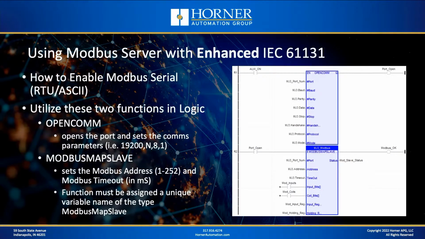So this is a function block that's unique to Enhanced IEC, and this is where we again allow our Modbus address to be assigned as well as our timeout, but it's also where we specify the 4 different arrays that we've created for input bits, coils, input registers, and holding registers. That's where those are specified, in addition to, of course, providing a place for us to assign a variable for status. All right, so very similar to what we do in Standard IEC, but a little bit different.